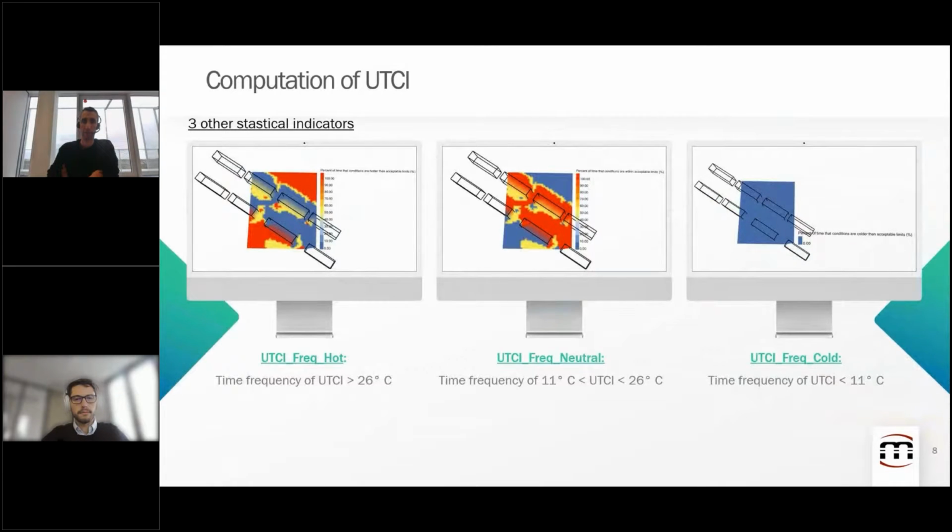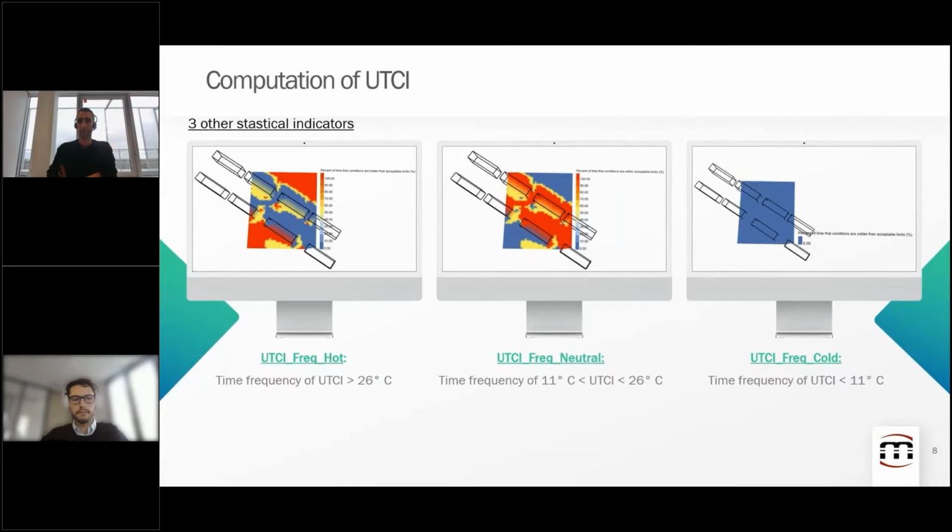You can define how much time I'm going to overreach a criterion defined as hot, which is 26 degrees. So it's UTCI hot. On the opposite, it's when it's becoming cold, defined as 11 degrees, and this is on the right side. And the middle one is the neutral condition, which is a good condition.